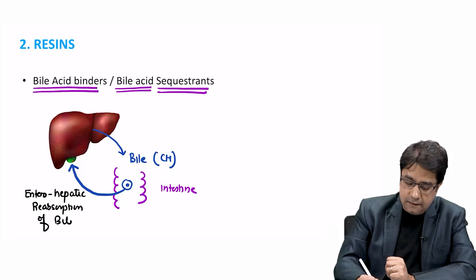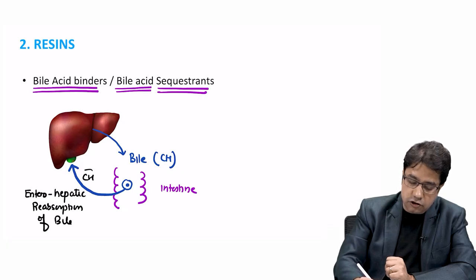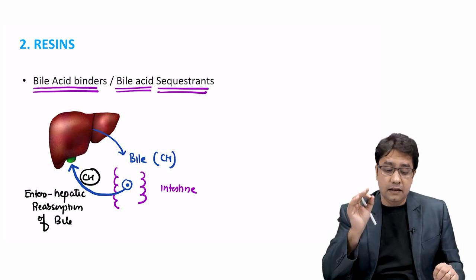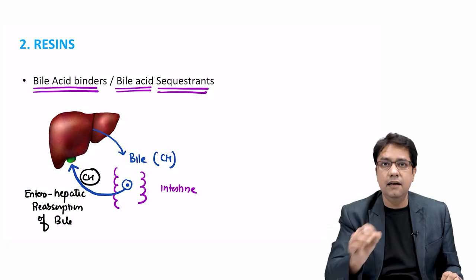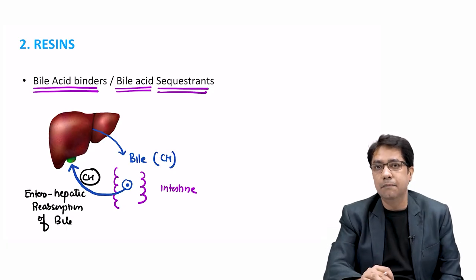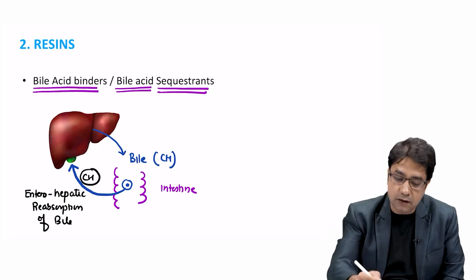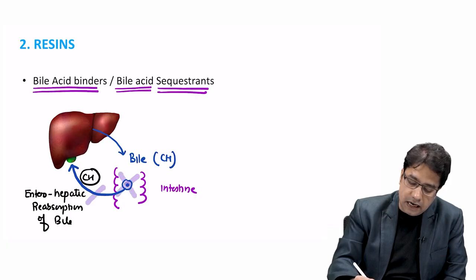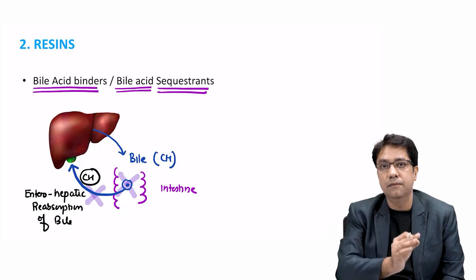So can we say through this bile, cholesterol again goes back to the liver? Absolutely fine. Now what are resins? See the name again. Bile acid binders or bile acid sequestrant. When we give resins, they bind to bile and this bile will not be reabsorbed.